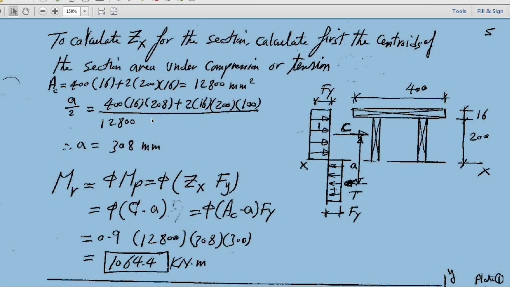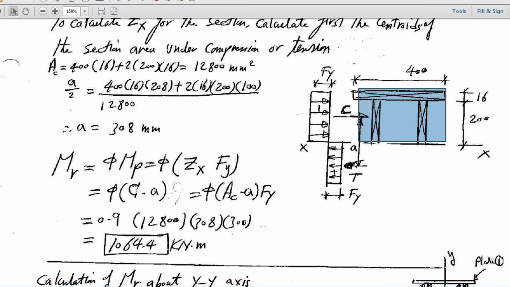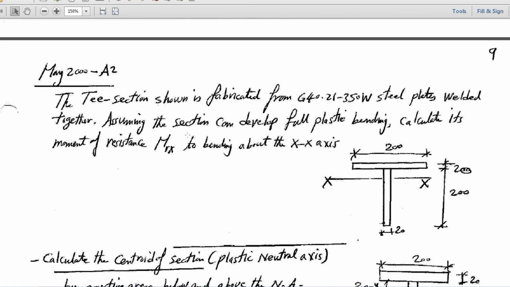So I solved some problems this way by calculating the centroid of that area through distance a here. Or later on I will show you that I take the moment of forces the same as I mentioned in the example last time. But what if the section is not symmetrical? They tell you a T section shown is fabricated from 350W steel plates welded together.